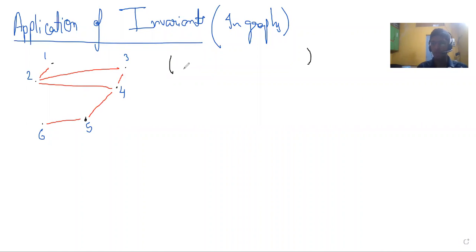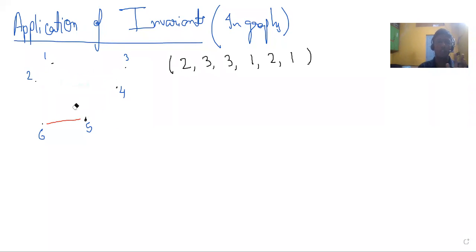Maybe I'll give you some numbers now. Again, let's just stay with 6 vertices for now. Let's say that I give you 2, 3. Can you make me a graph? Or you don't even have to make me a graph. You can tell me, is there a graph for which this is the graphic sequence, for which the first vertex has 2 neighbors, second vertex has 3 neighbors, third vertex has 3 neighbors?